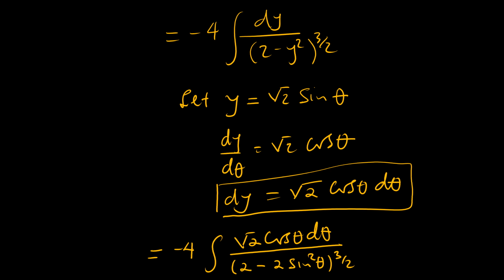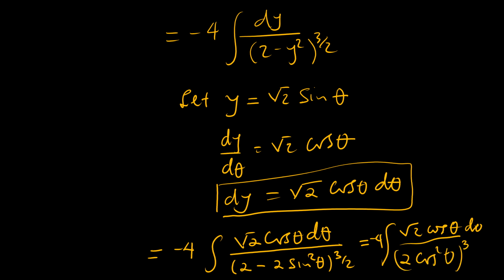So we can pull 2 out. Negative 4 root 2 cos theta d theta, and then we have 2 out, cos squared theta to the power of that.